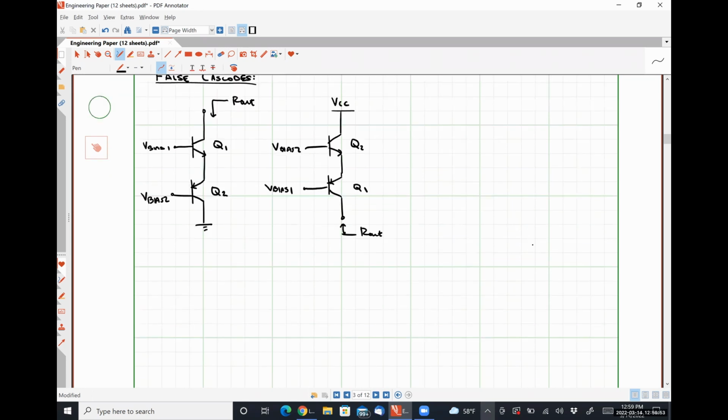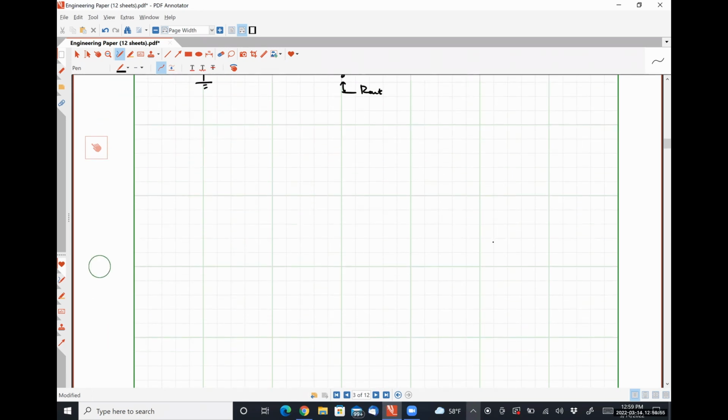So now let's talk about cascading MOSFETs. This is going to be a little more straightforward because we don't have to deal with r pi messing things up.